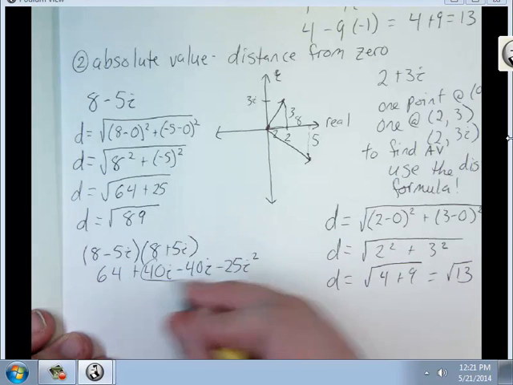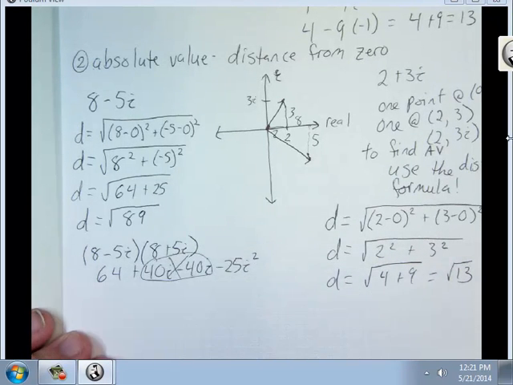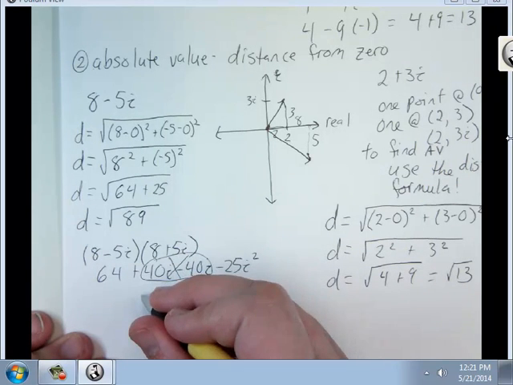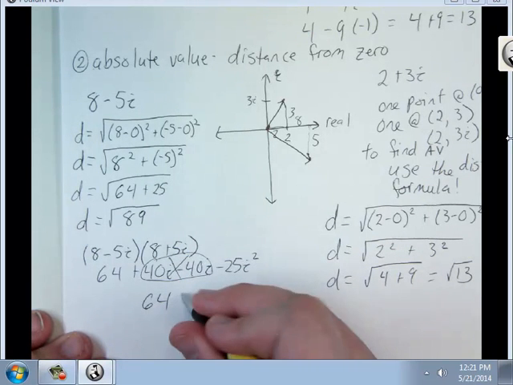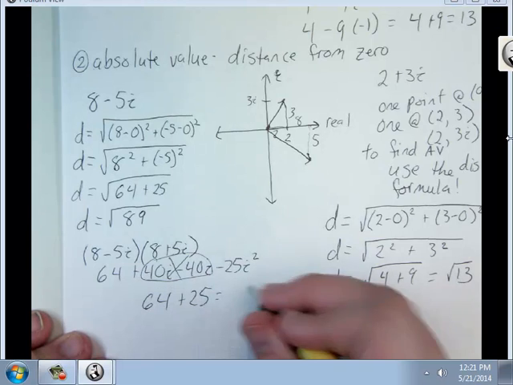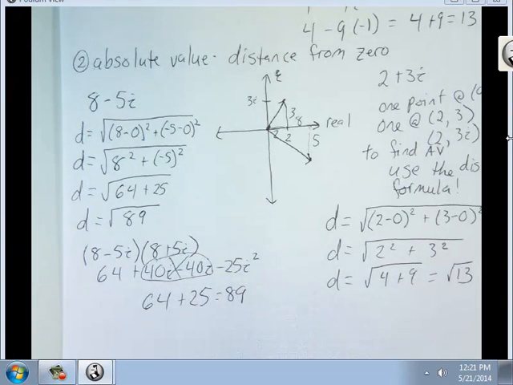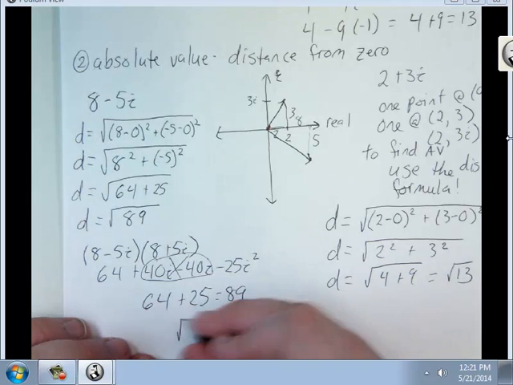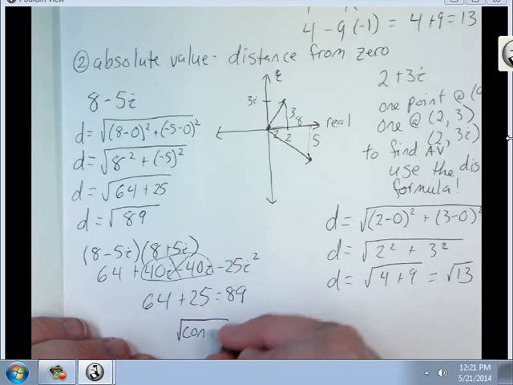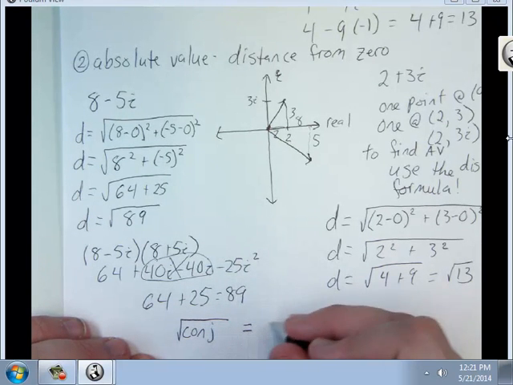Those cancel. 64 plus 25, look at that, equals 89. Do you see the connection between absolute value and conjugate? Square root of conjugate product equals absolute value.